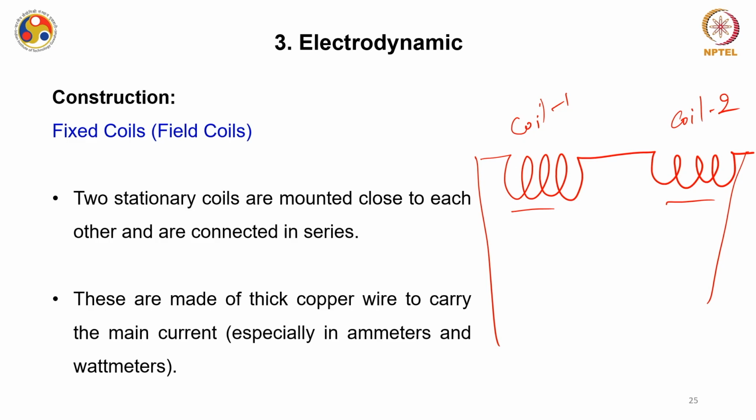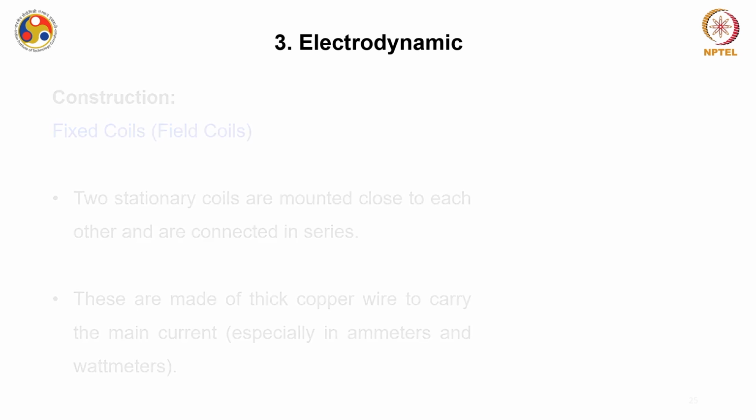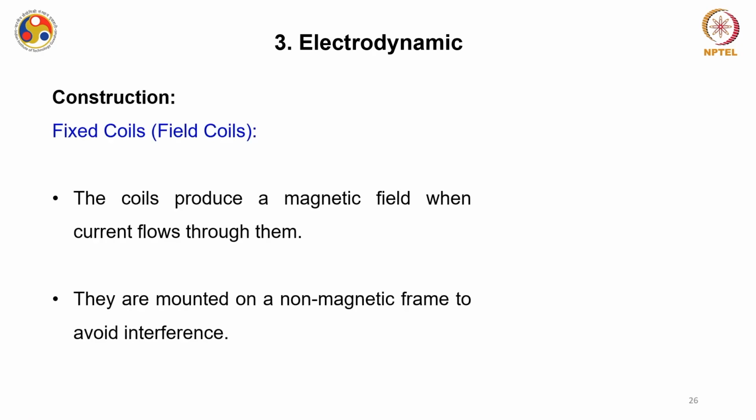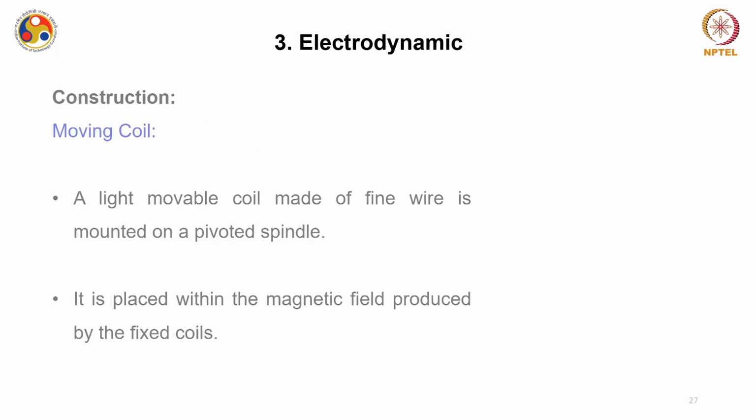Now these are made up of thick copper wires to carry the main current, especially in case of current meters or ammeters or power meters. Now this coil produces a magnetic field when current flows through them, and they are mounted on a non-magnetic frame, very similar to the others, to avoid any kind of interference.